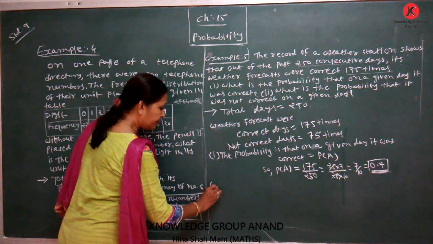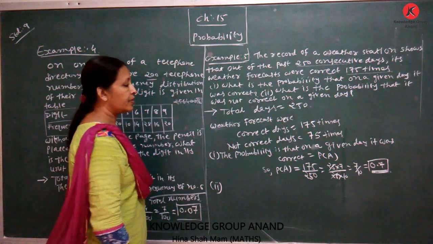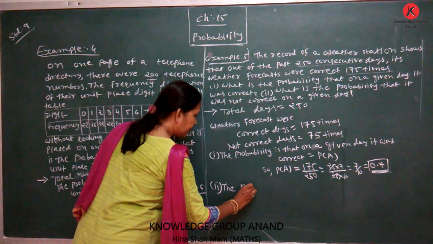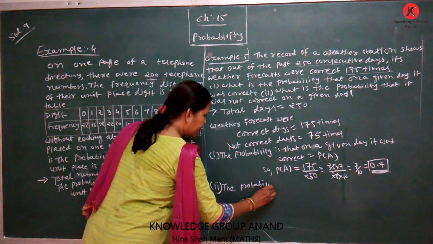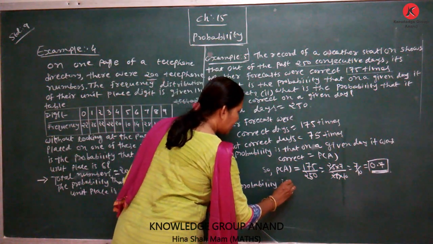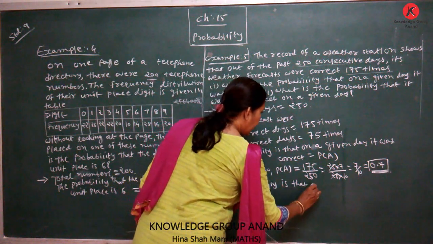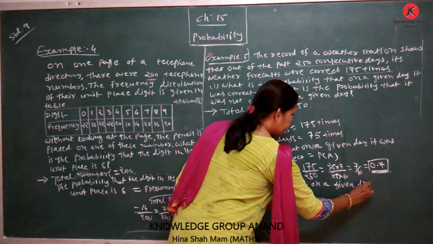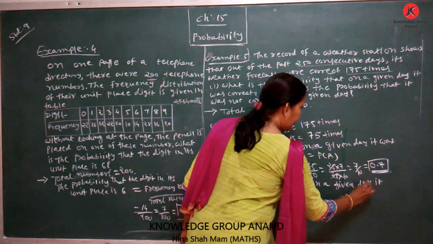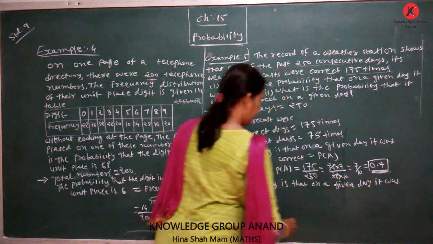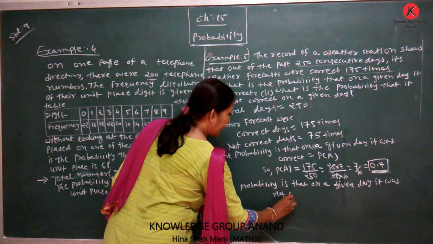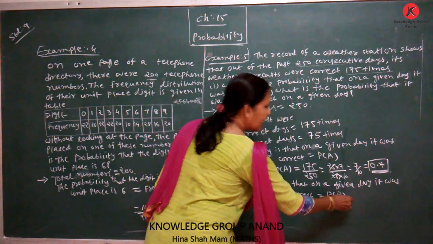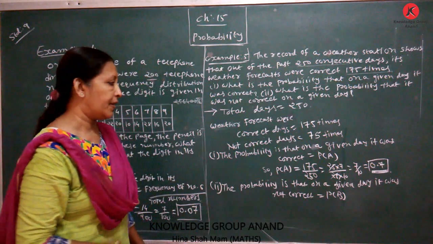Number second, the probability that on a given day it was not correct. We say here any event PB.